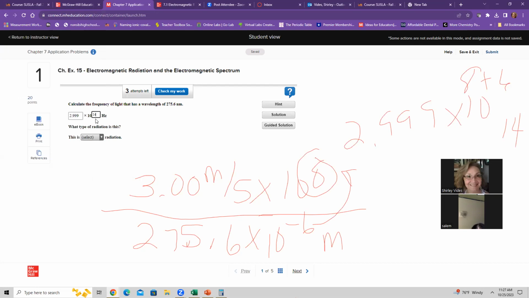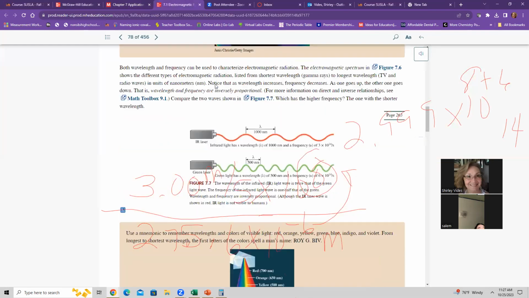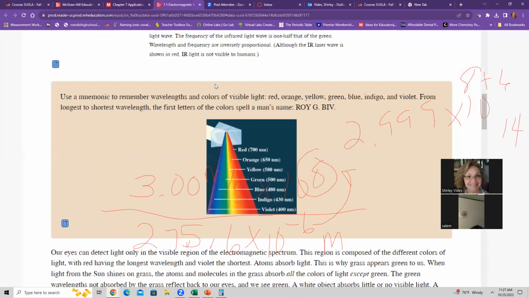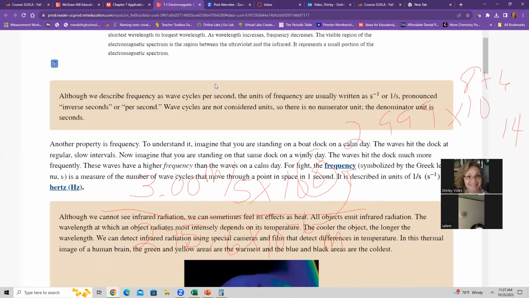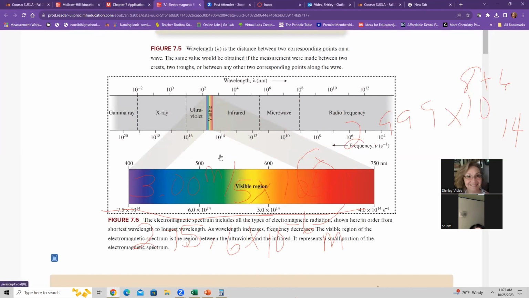Now, what kind of radiation is this? We got to go back to that book thing. Okay, radiation area, 2.99 times 10 to the 14th. Is it still ultraviolet? I don't know. I have to look. It's to the 16th, but is this in meters down here? Are they giving it to us in meters?